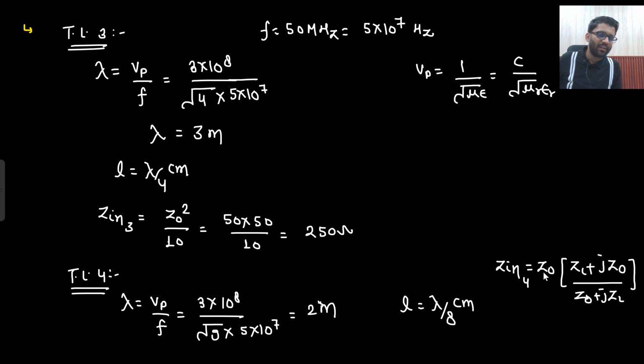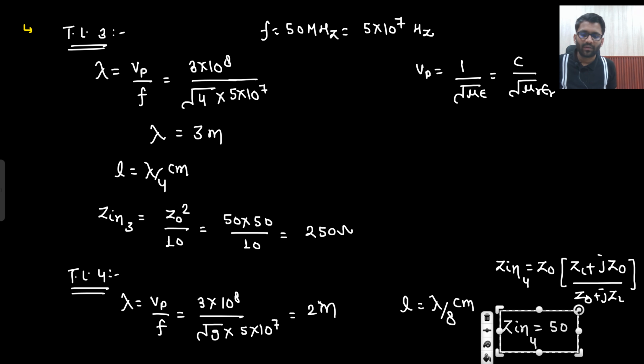So what you are getting? 50 plus J50 divided by 50 plus J50. So this will get cancelled. So Z in 4 is coming out to be 50 only. Basically, you put 50 here, ZL is also 50 plus J50 divided by 50 plus J50. So this will get cancelled, so only 50 ohm you are getting. So Z in 4 you are getting 50 ohm. So from one end you are getting 50 ohm, and from here Z in 3 you are getting 250 ohm.